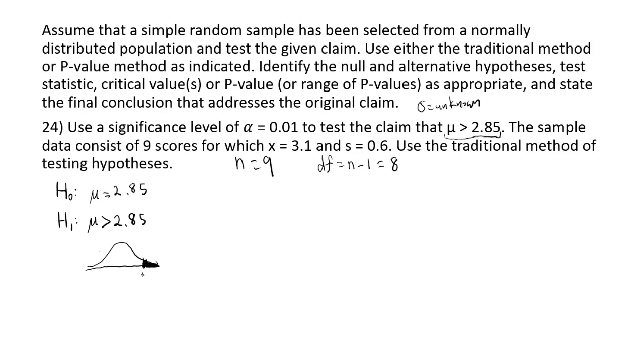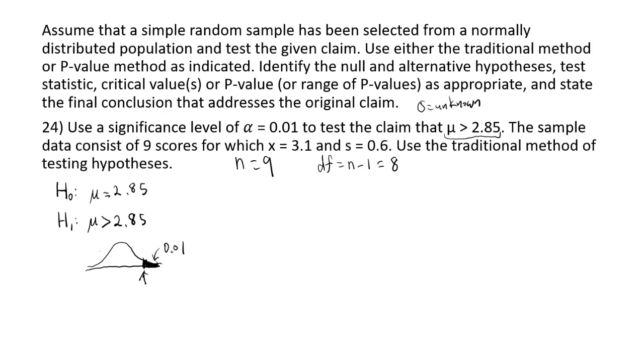So we need to find the critical value for this case when you have the t-distribution and you want the significance level to be 0.01. And because it's the right tail, we mean that only this part is 0.01. Okay, so how do we find this value?